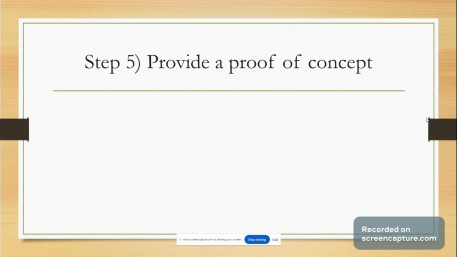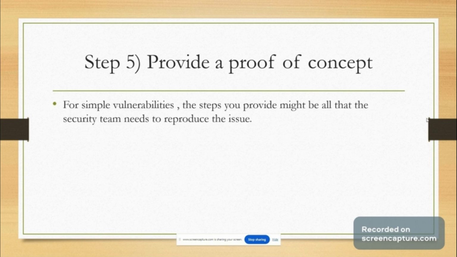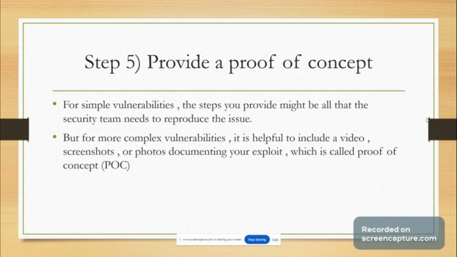Step 5. Provide a proof of concept. For simple vulnerabilities, the steps you provide might be all that the security team needs to reproduce the issue. But for more complex vulnerabilities, it is helpful to include a video, screenshots, or photos documenting your exploit, which is called a proof of concept, POC.